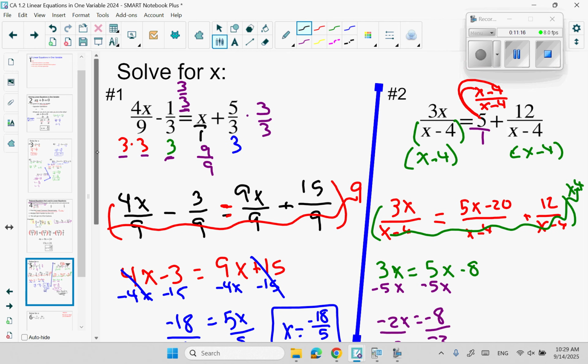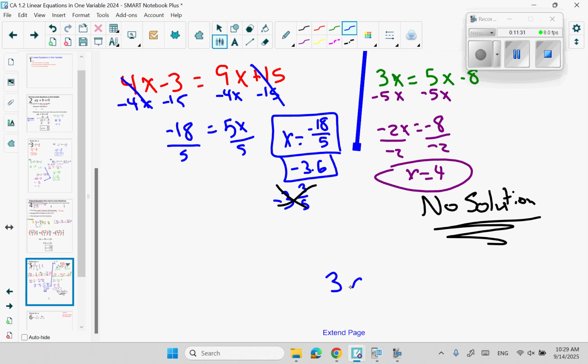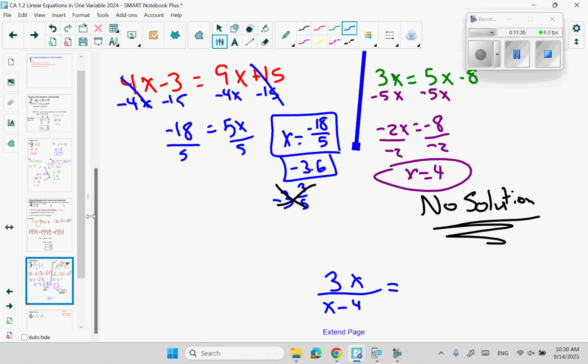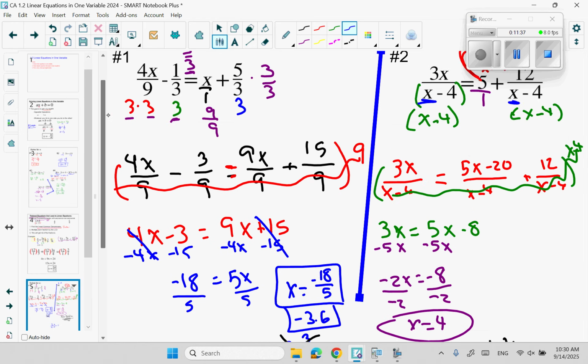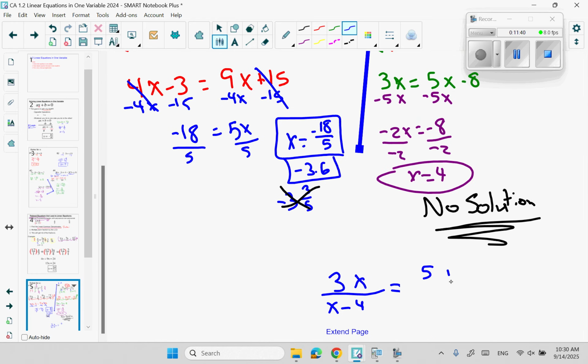The reason it has no solution is because if I were to plug in x equals 4 into my original equation, into one of these x's right here, that would give me 3x over x minus 4 equals 5 plus 12 over x minus 4.